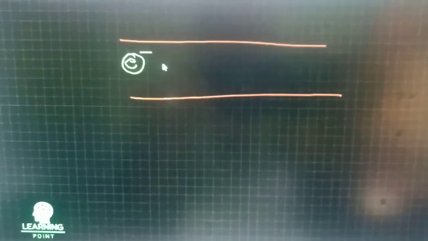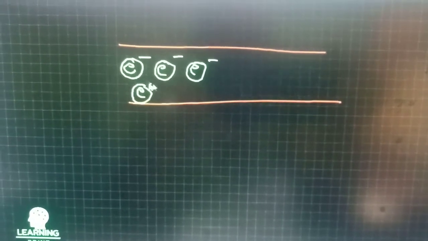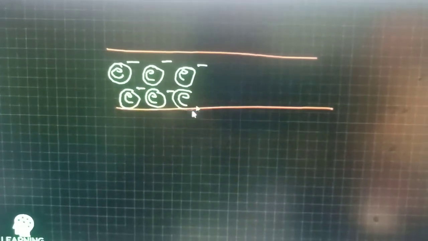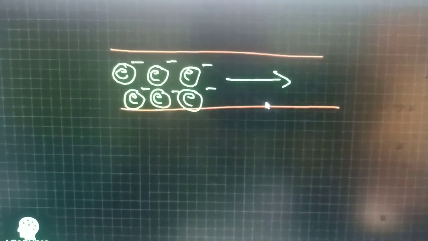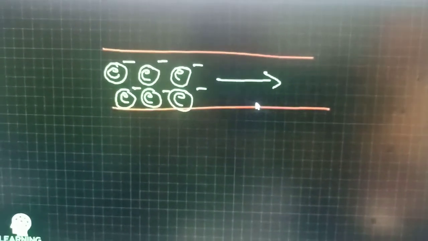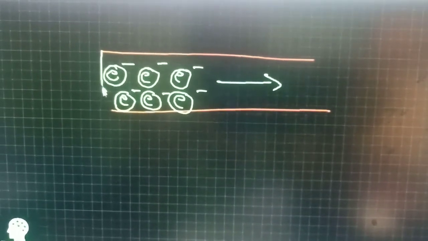See this, suppose a wire is having a lot of electrons. Free electrons are always present in a conductor. These electrons are stable in the wire and they are not flowing right now.